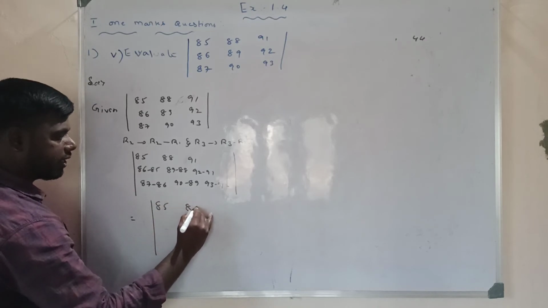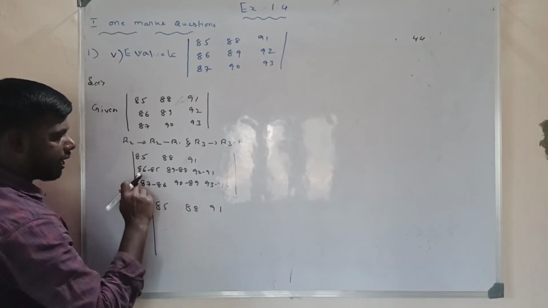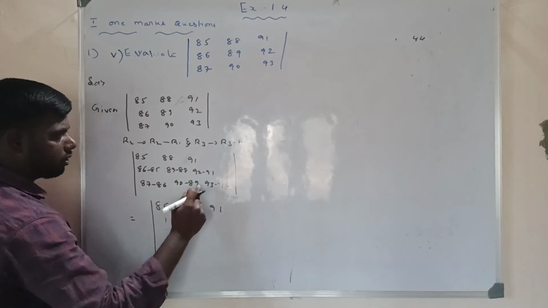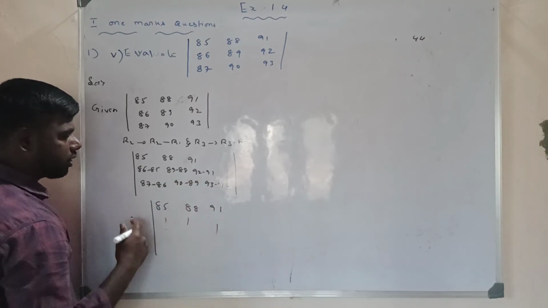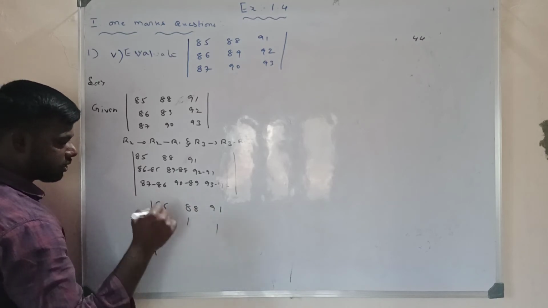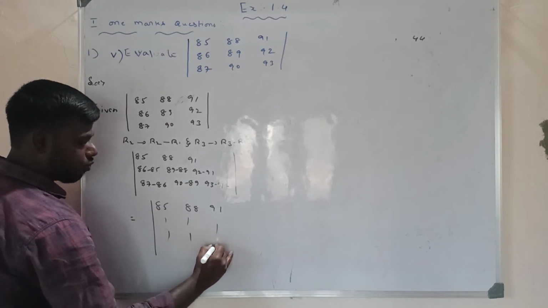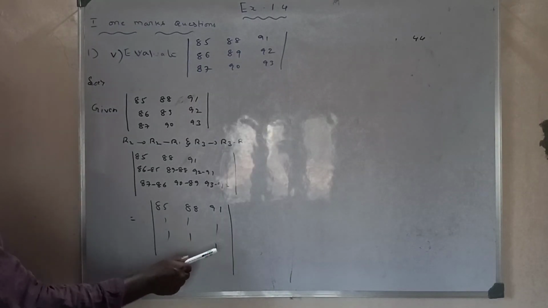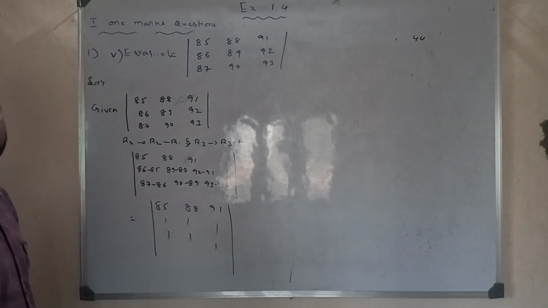The first row is 85, 88, 91. 86 minus 85 is 1, 89 minus 88 is 1, 92 minus 91 is 1, 87 minus 86 is 1, and so on, all 1. Observe here, students: the second row and third row are both identical, the same.